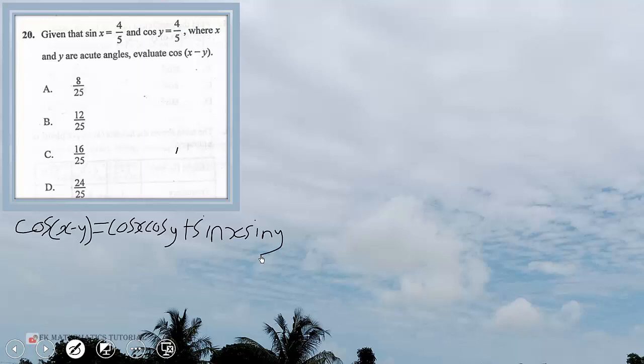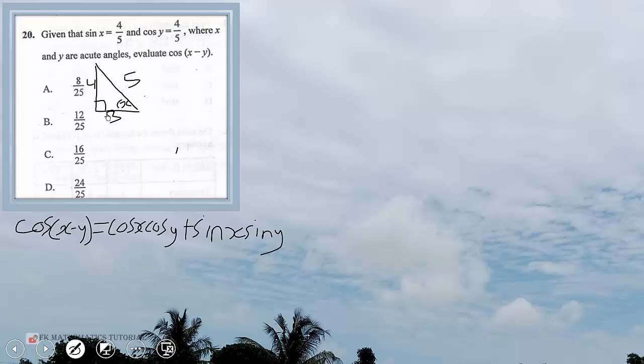So let's look at this. Since we're given that the angles are acute, we are going to illustrate this on a right angle triangle. If this is x, then sine is opposite over hypotenuse. So the adjacent will be 3 because of the Pythagorean triples.